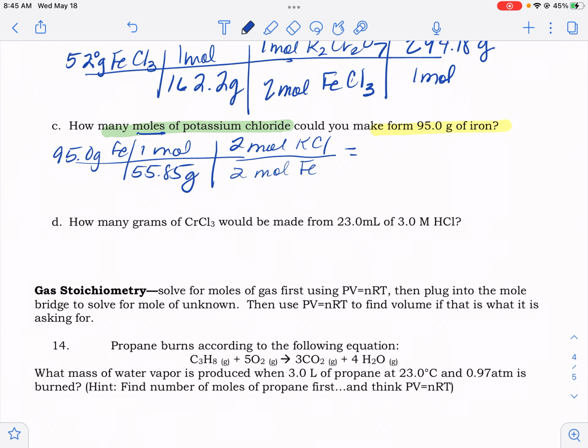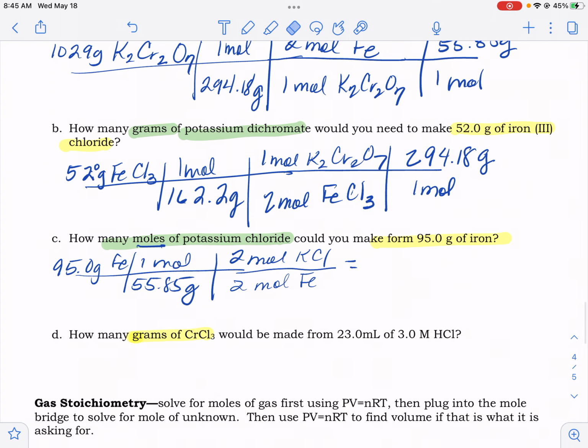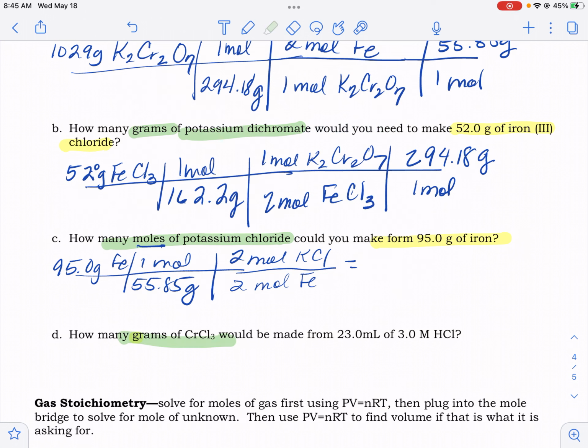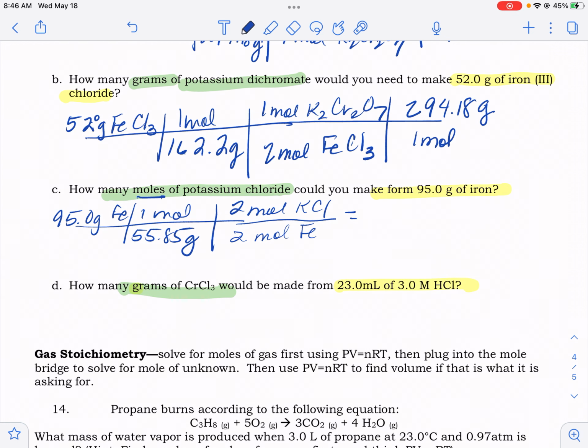Letter D. We're solving for chromium 3 chloride, which is down here. That's unknown, so I should have done that in green, not yellow, sorry. And we're given volume and molarity of hydrochloric acid. So, to change to moles of hydrochloric acid, we need to know the volume. And we multiply that by the molarity.